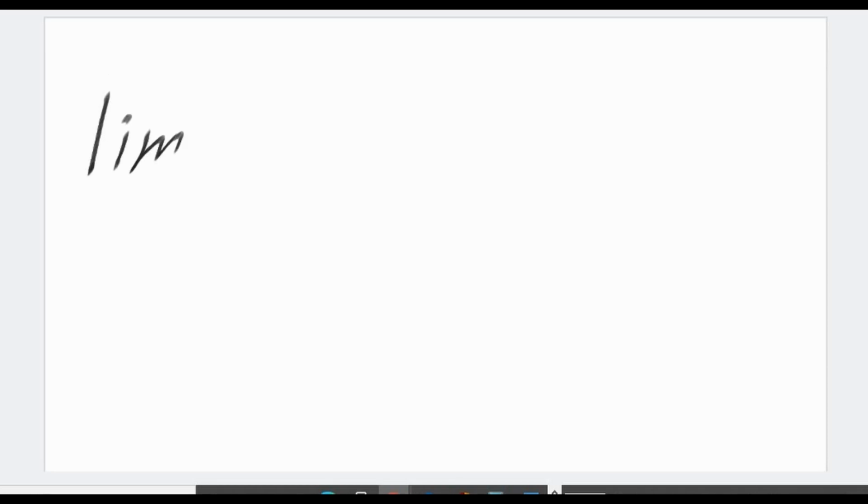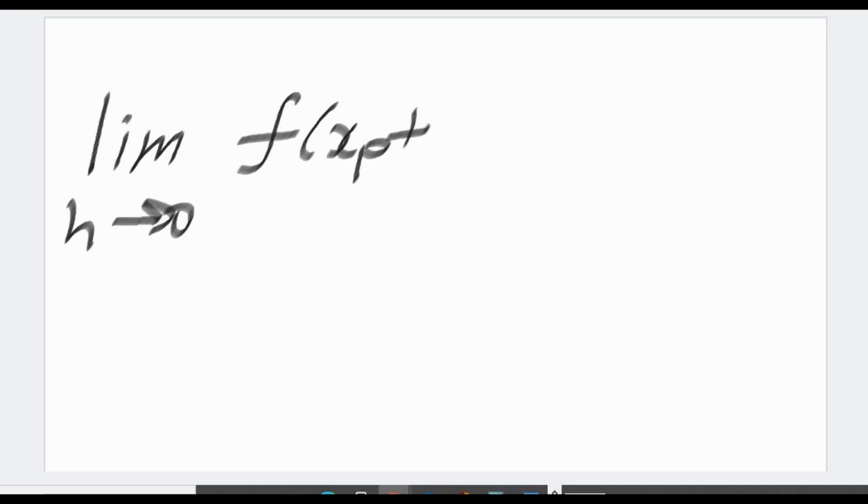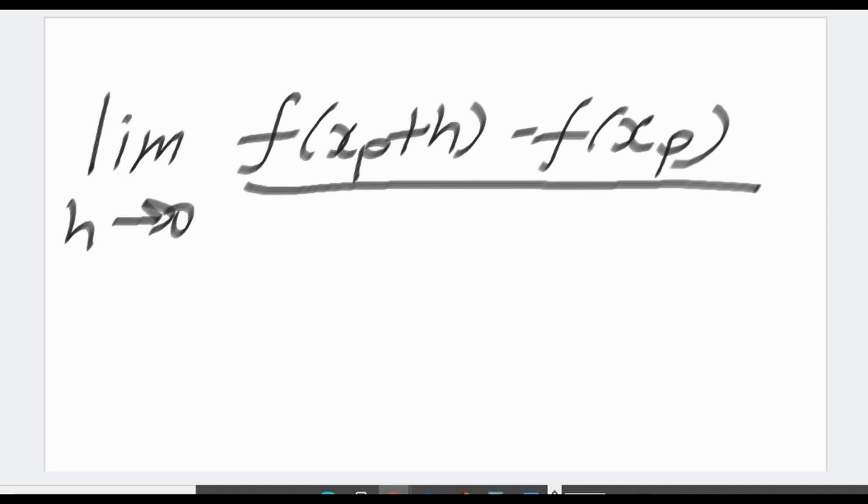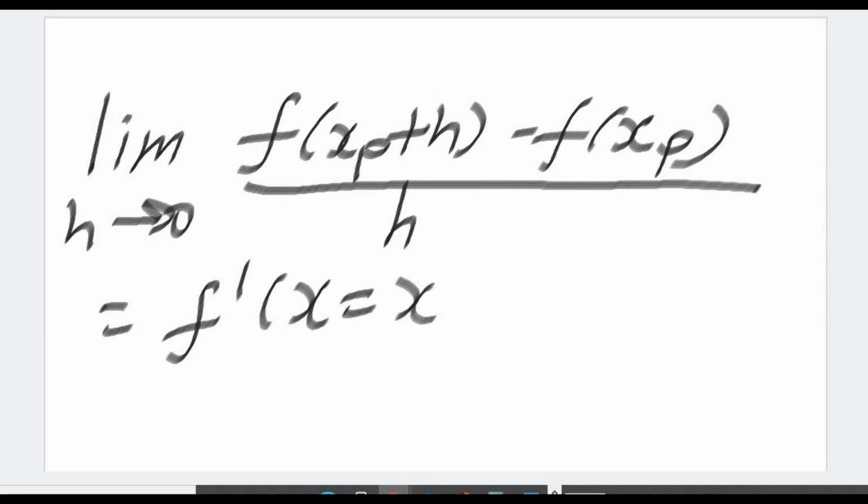So we write limit h goes to 0, f of xp plus h minus f of xp, over h. Now, this is basically the rate of change of the function f at x equals xp.